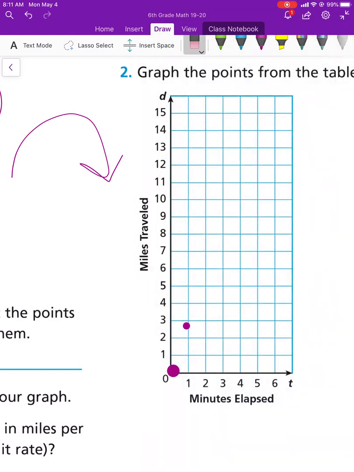Oops, that is not 2.5. Then it goes to 5, and then it goes to 7.5, and then it goes to 10. That's not 10. It's really important that these are accurate. And then it goes up another 2.5, and then there. Okay.